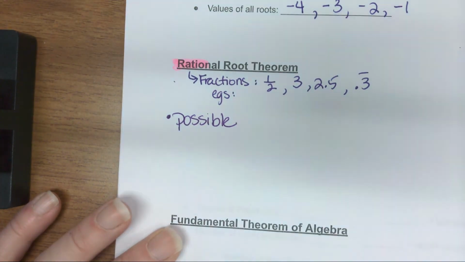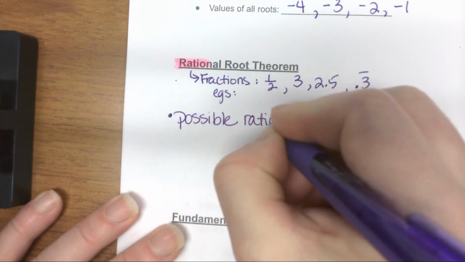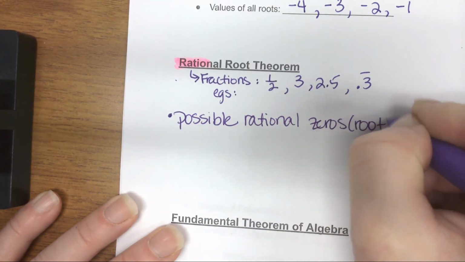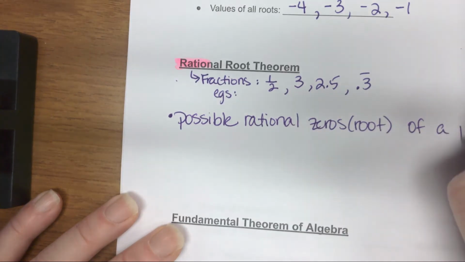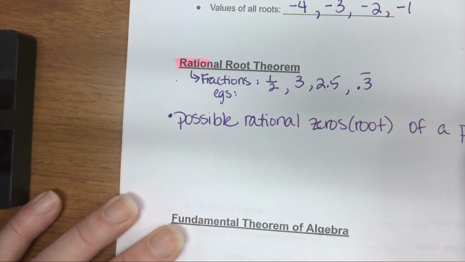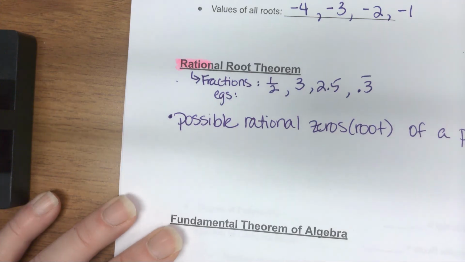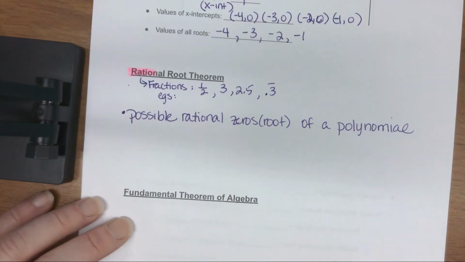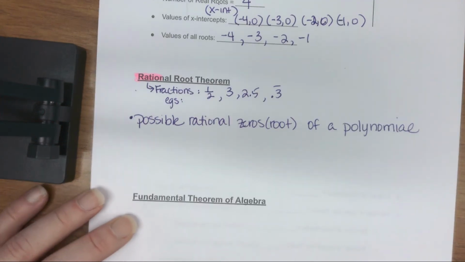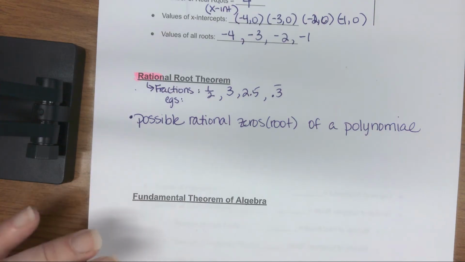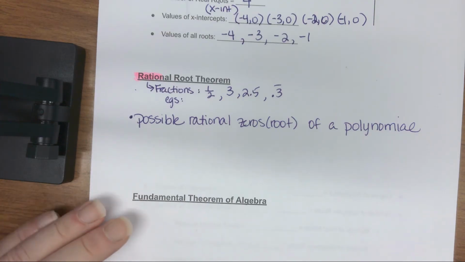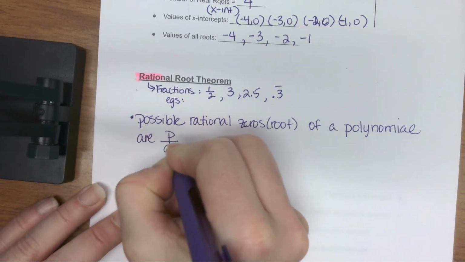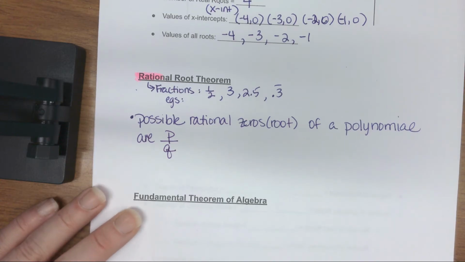The possible rational zeros, another name for root, of a polynomial. The possible, or rational, so notice I know it's possible, so we're going to make some lists today, are P divided by Q. I'm just going to describe what that is in a second. So that's key here.